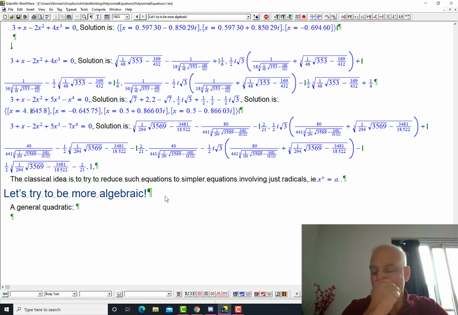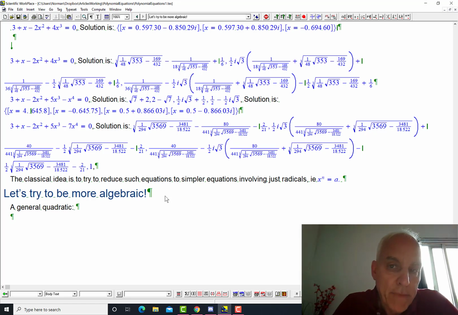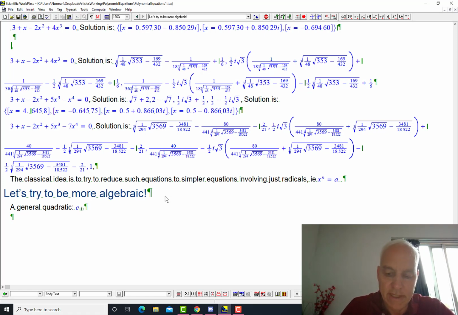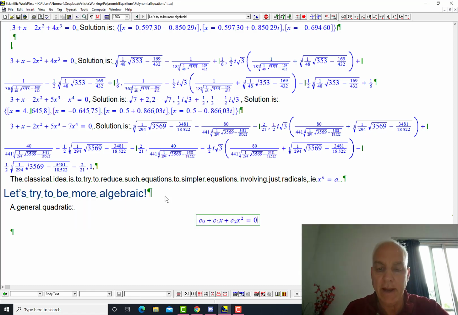What does a general quadratic equation look like? Well, it's got a constant term, and I'm going to express that in math mode as c sub 0, plus c sub 1 times x plus c sub 2 x squared equals 0.